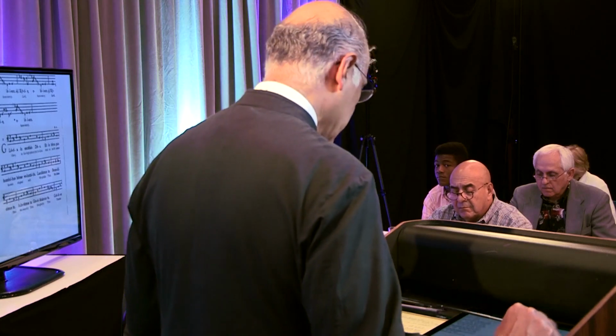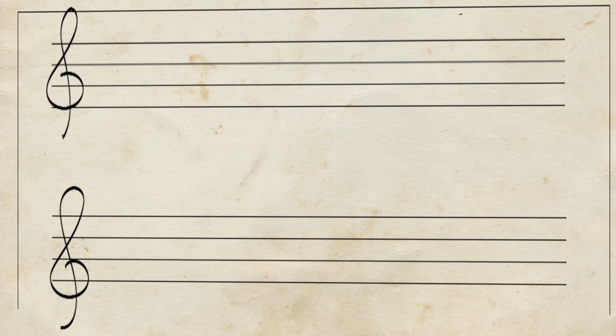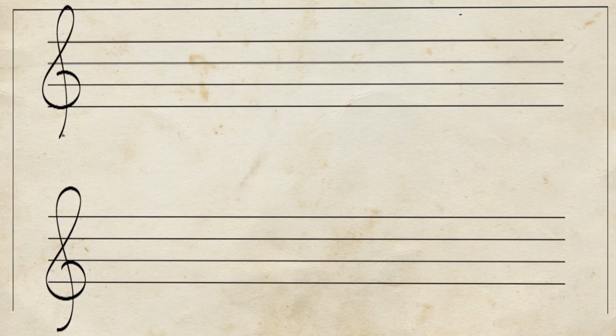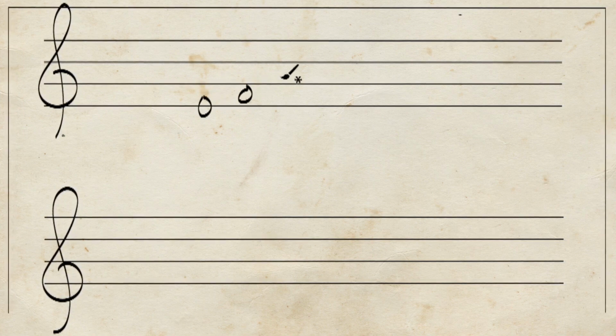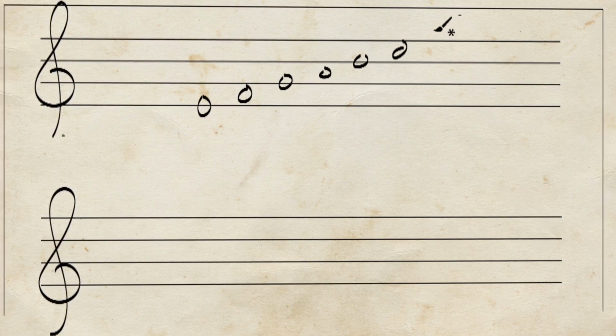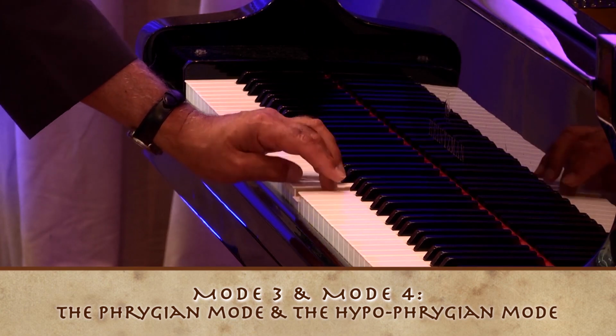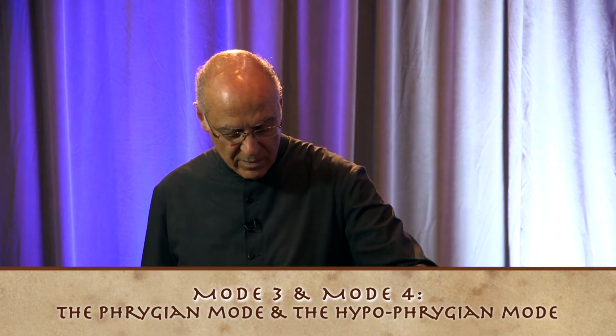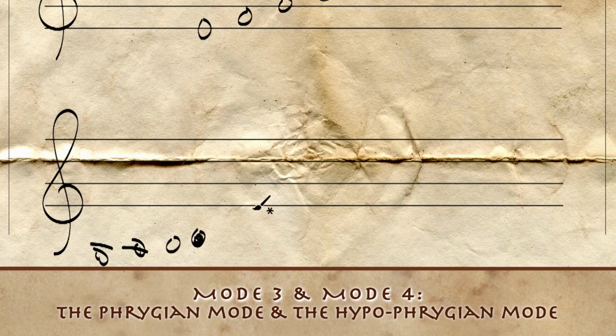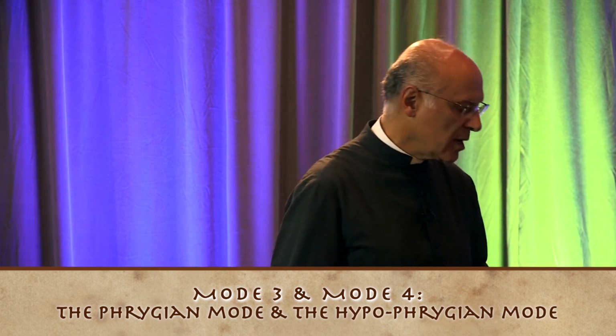Now we come to the Phrygian and the Hypophrygian. If you remember, the Phrygian mode starts on E and goes up to E. The Hypophrygian mode is going to start on B and go to B. As far as range is concerned, you see here our final.